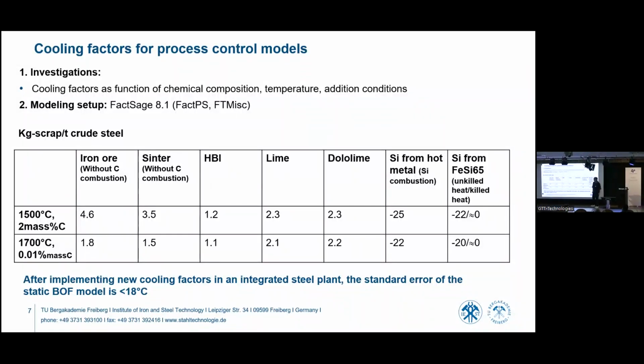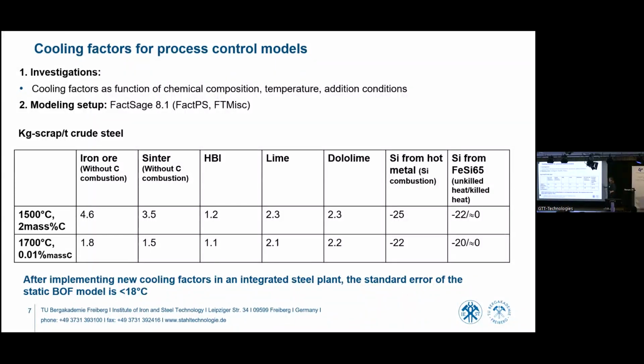Yes, because we can have killed steel, we can have not killed steel, or we can have different temperature, or in this case you see it is in BOF with different carbon content. It is at 50% of blowing oxygen, it is near the end of blowing oxygen. And you see the cooling factors change with condition.